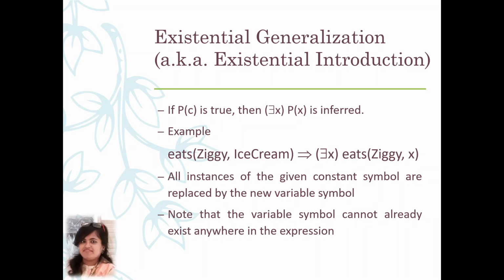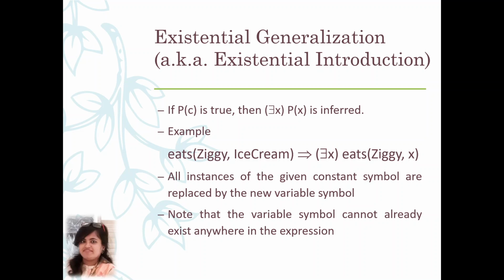Existential generalization, also known as existential introduction. That is, if p(c) is true, then for some x, p(x) is inferred. Example: if Jiggy eats ice cream is true, then there will be some x that Jiggy is going to eat, that is eats(Jiggy, x).